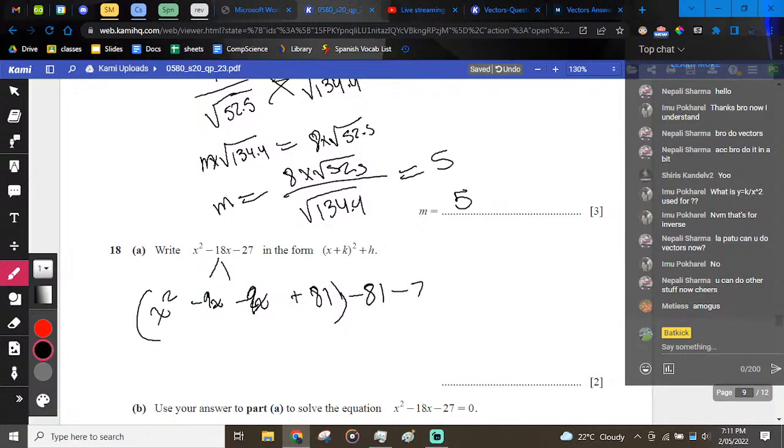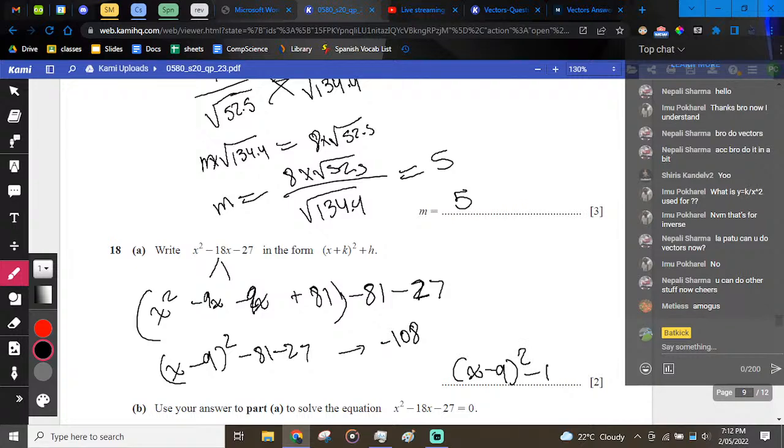Also have the original 27. This can turn into x minus 9 squared, minus 81 minus 27. You can simplify that because they're like terms. Gives minus 108. So x minus 9 squared minus 108.